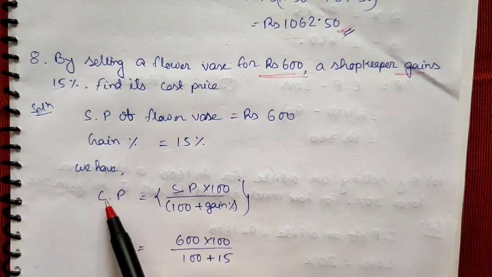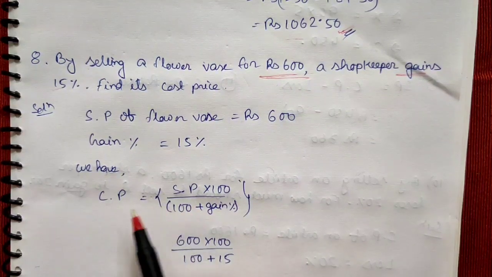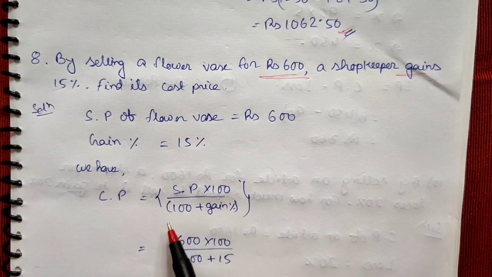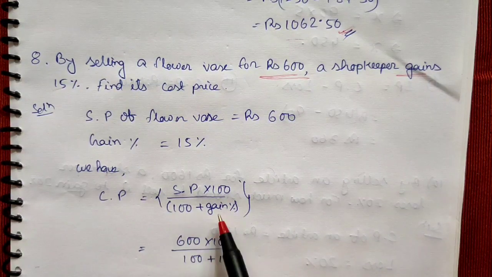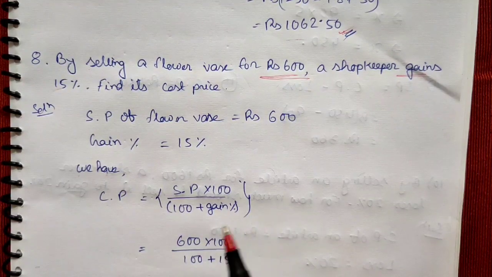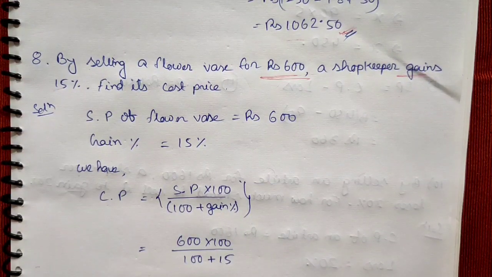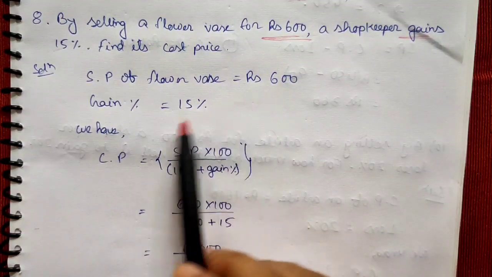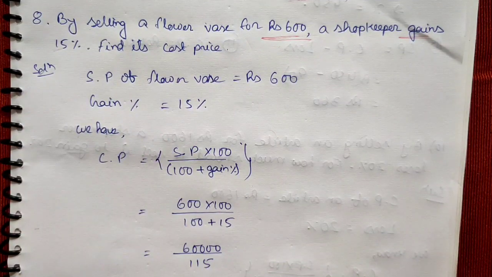We have one law, that is cost price equals SP into 100 divided by 100 plus gain percent. You have to remember this. In place of SP we write rupees 600 here.